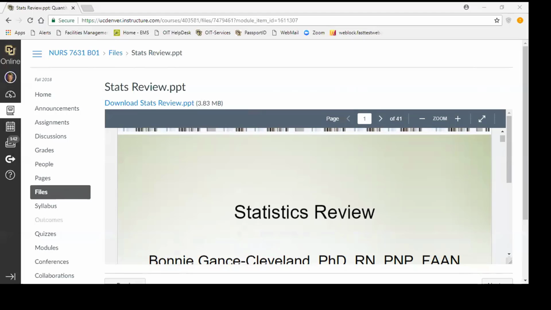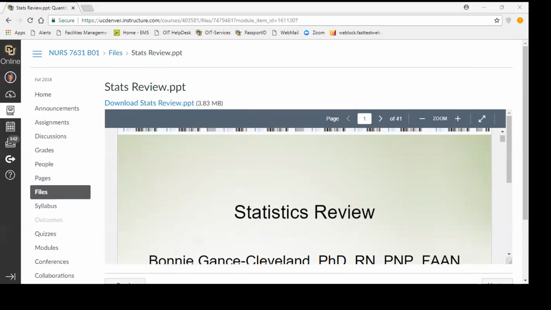So the statistics that you can do based on the type of data varies. Remember, there's parametric and non-parametric. So if you have nominal data or data that's not normally distributed, you're going to go with the non-parametric approach. If you have interval or ratio and a normal distribution, you can use the parametric.